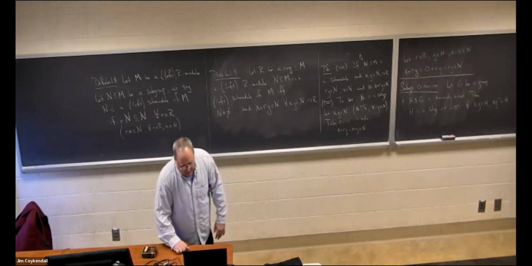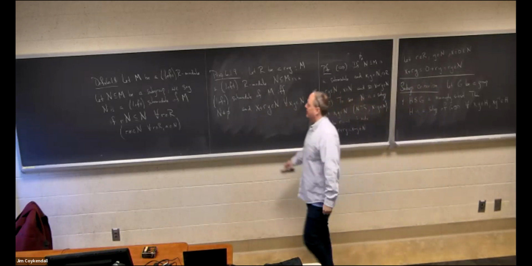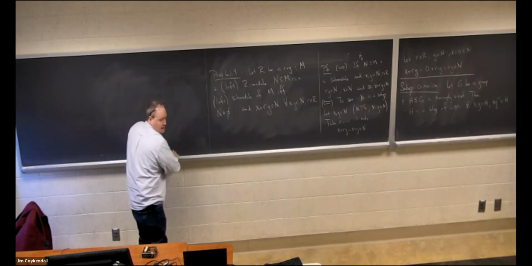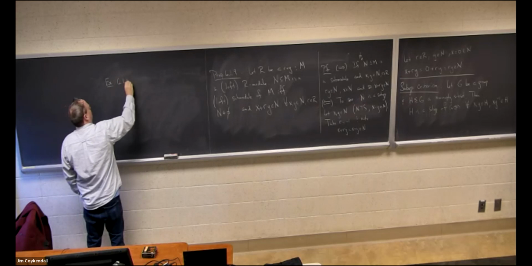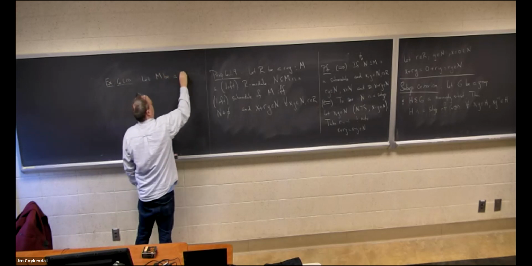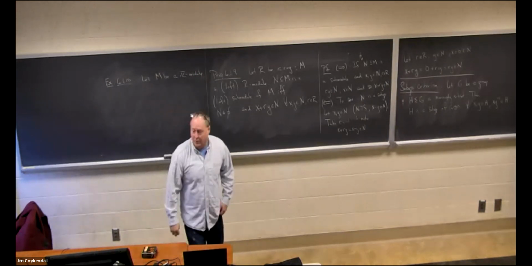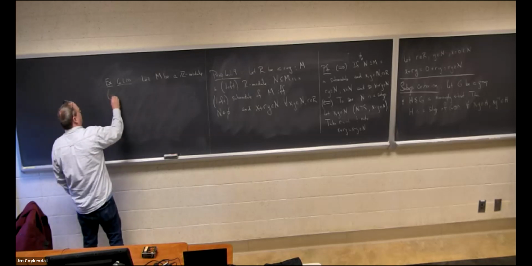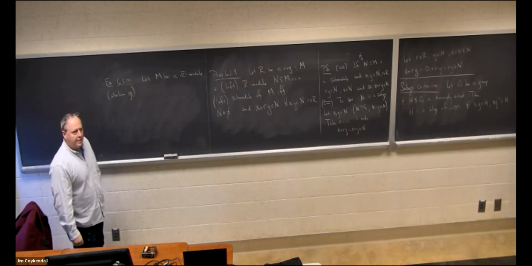So for example, this is a rather silly example, but I'll record it anyway. Let M be a Z module. So equivalently an abelian group, right?